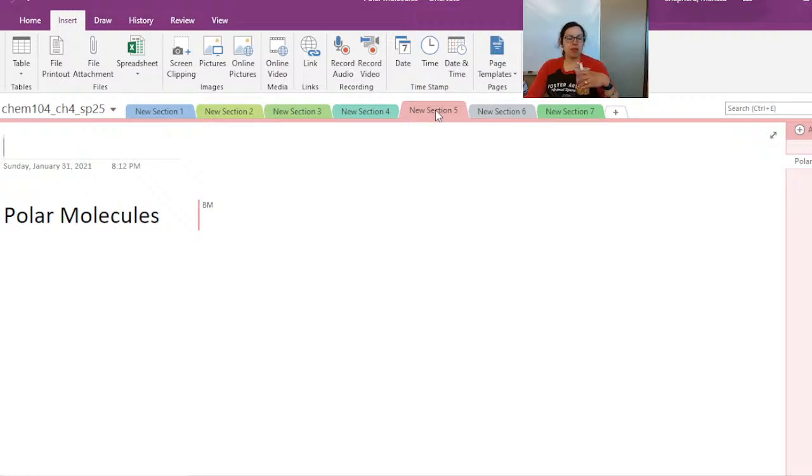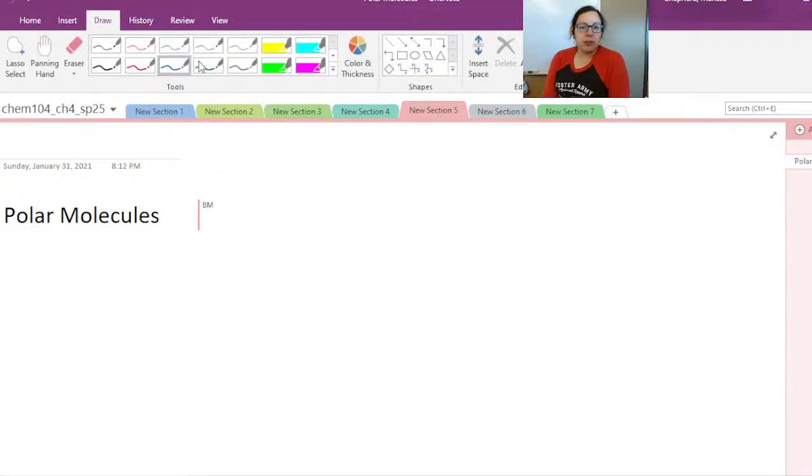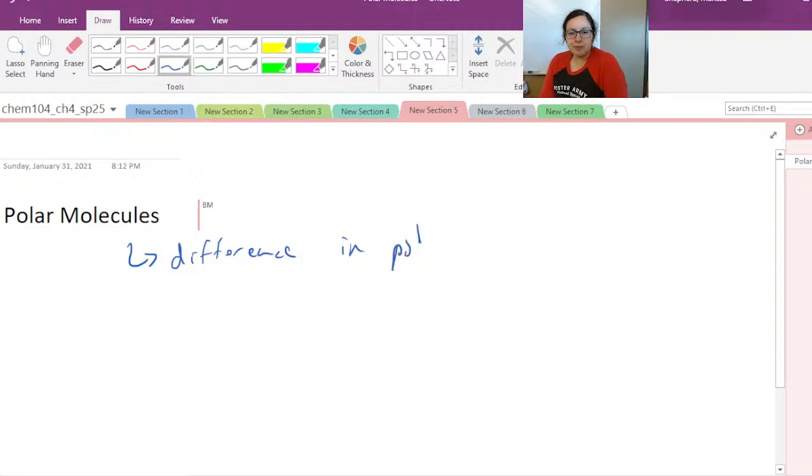So let's look at polarity now. For polar molecules, we kind of need two things. First of all, we need some sort of difference in polarity.